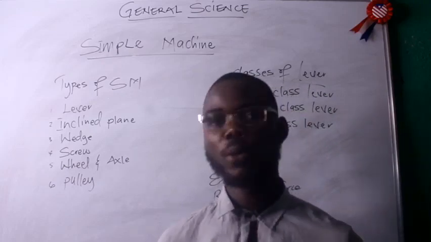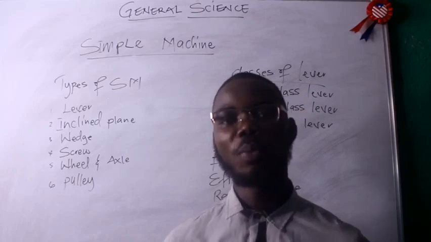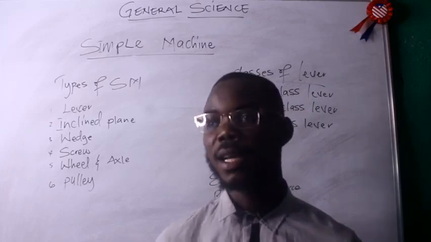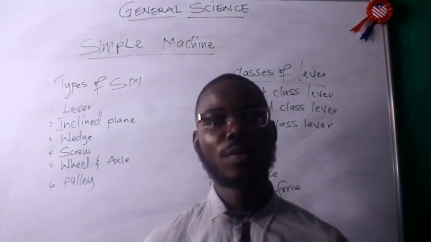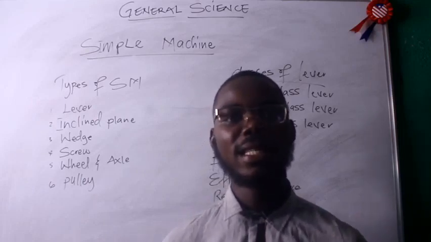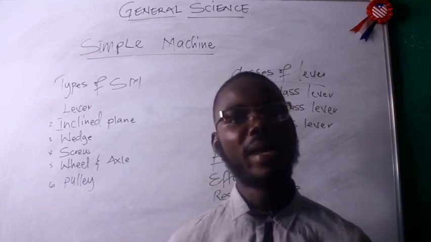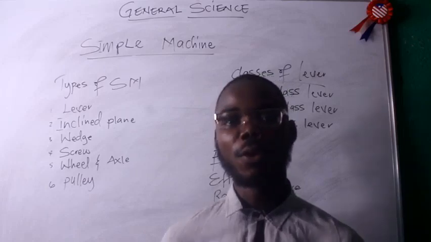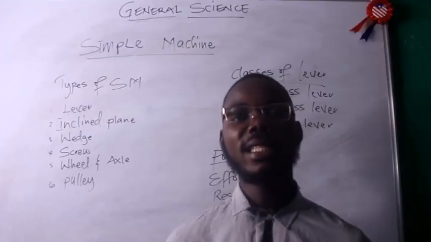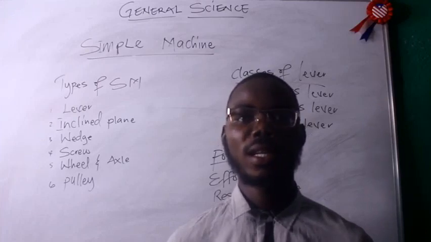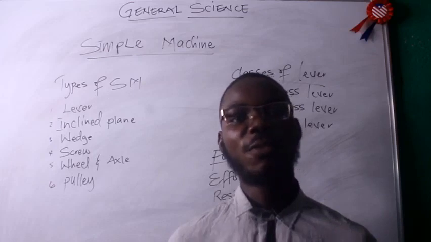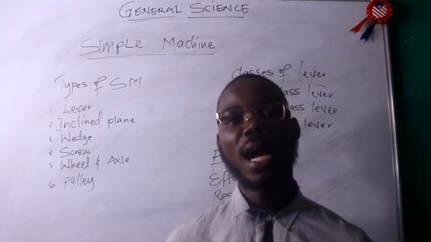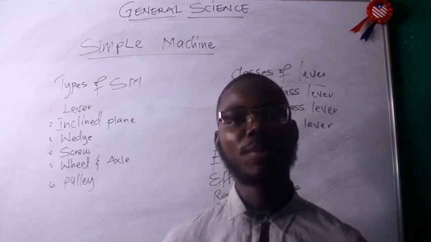Welcome back. Today we will talk on a very important topic from general science, and this topic is basically on machines. As we all know, a machine is anything that makes work easier for you, and machines are grouped into 4 major types, but out of these 4 we will look at only simple machines.